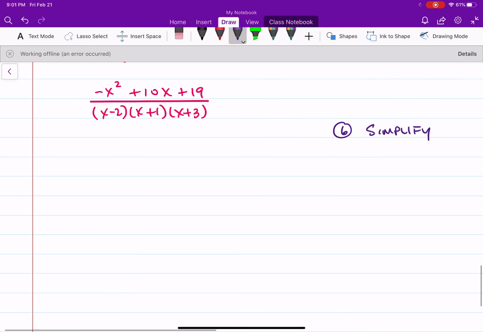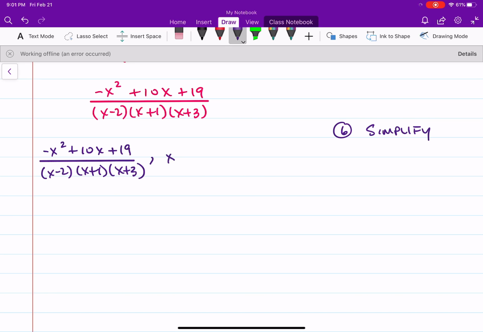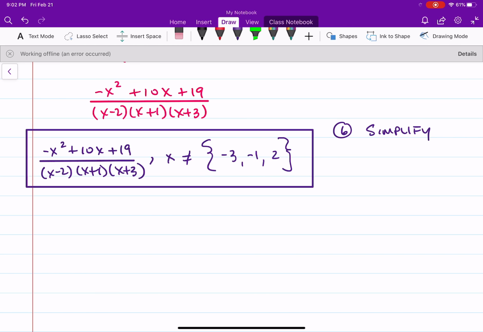And the answer is no. So I'm left with this, over x minus 2, x plus 1, x plus 3, comma, x cannot equal negative 3, negative 1, and 2. Okay, so there's my answer.